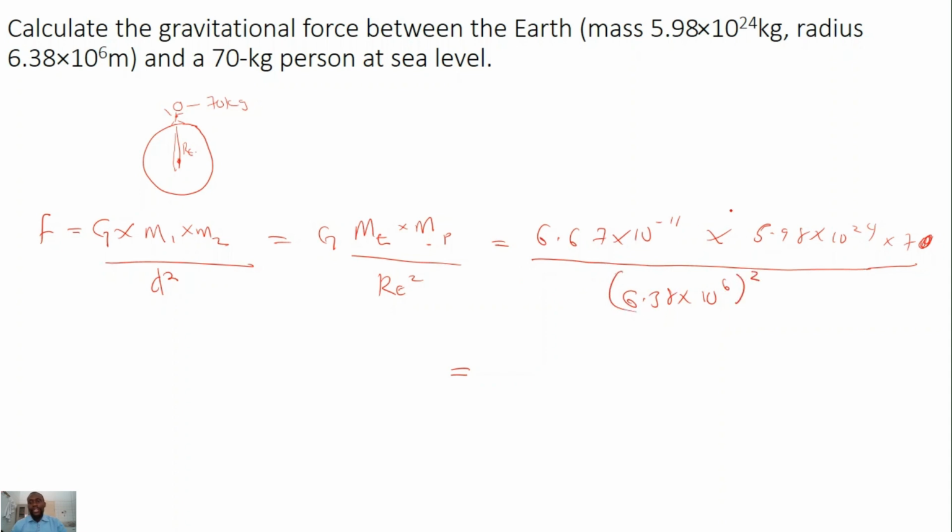Let's see what we get. So this will be equal to 68.59 Newton. And this is our final answer.